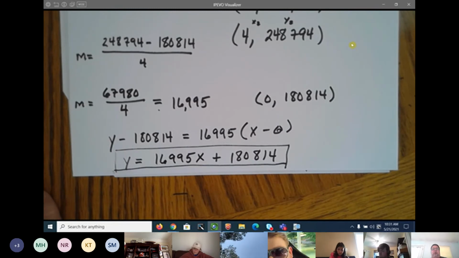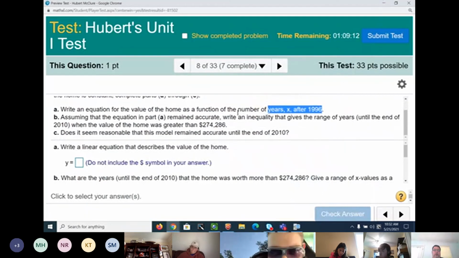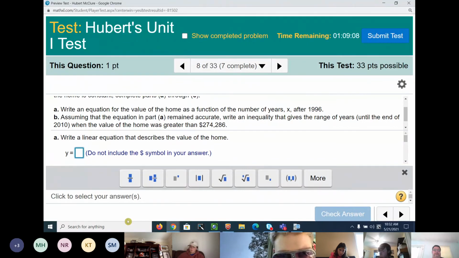I don't know if they want the equation or if they are going to ask about 1942 or 2010. Let's see what they're going to ask. Write a linear equation. So that would be 16,995x plus 180,814.